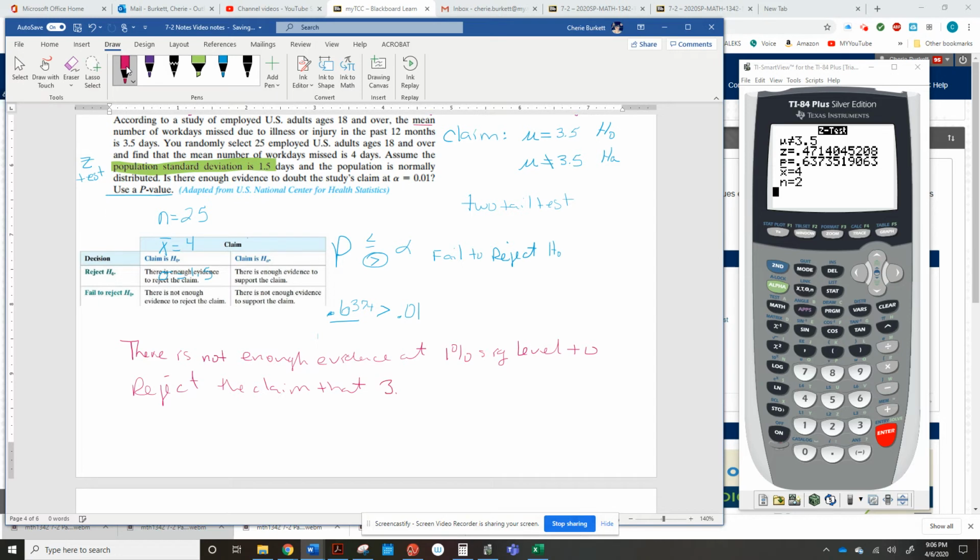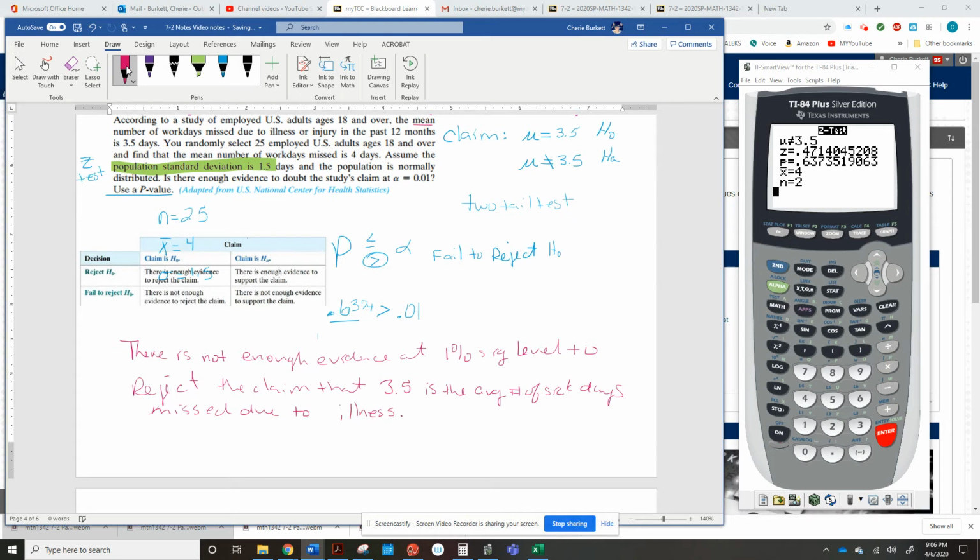That 3.5 is the average number of sick days missed due to illness.